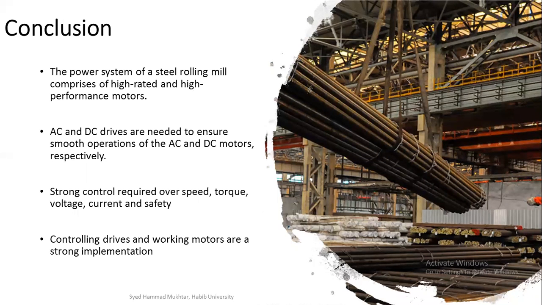These controlling drives and working motors are a strong implementation of a viable power system for a steel rolling mill that can sustain a customer's quality requirements as well as meet its own capital goals, by ensuring strong control over all the parameters required to be controlled in a steel rolling mill.